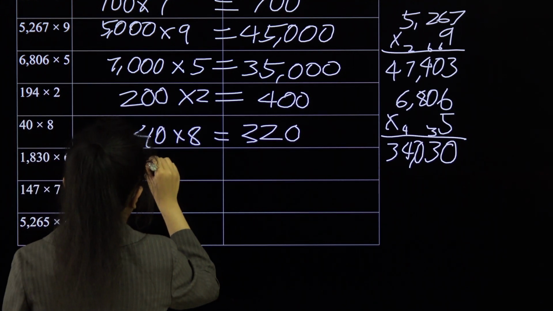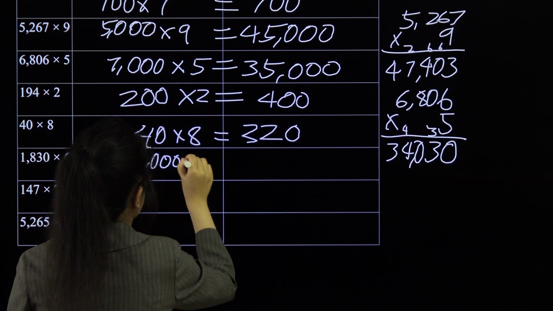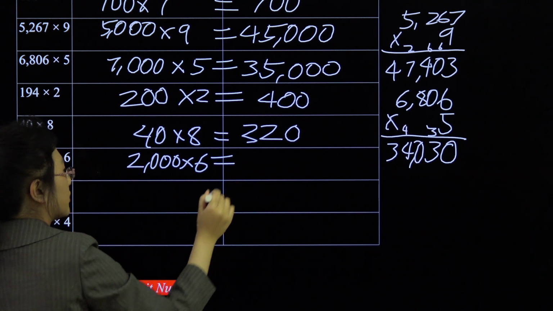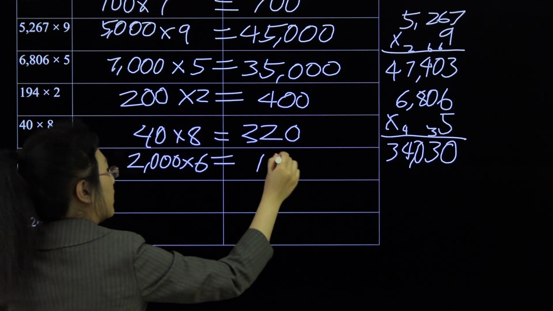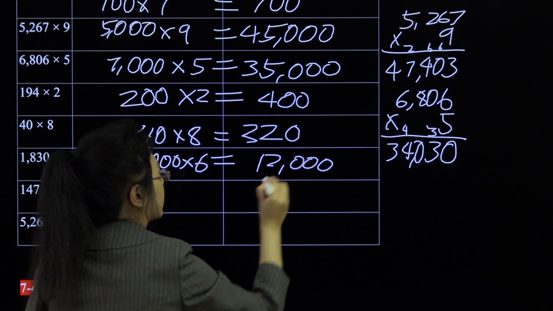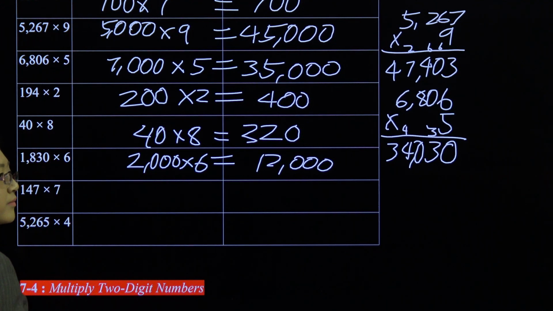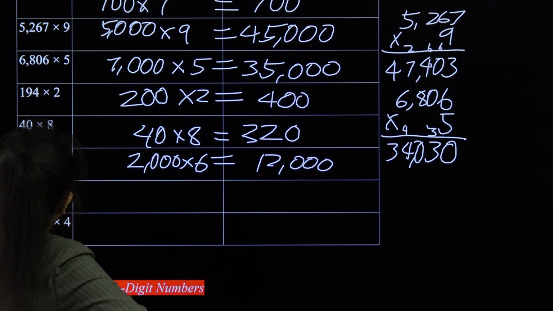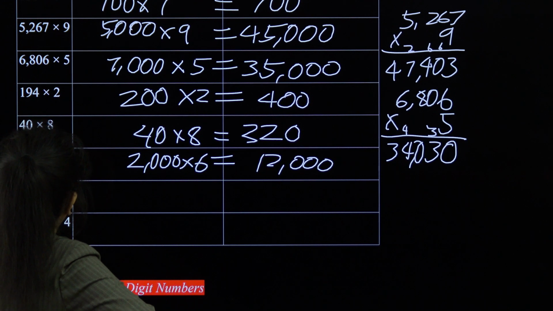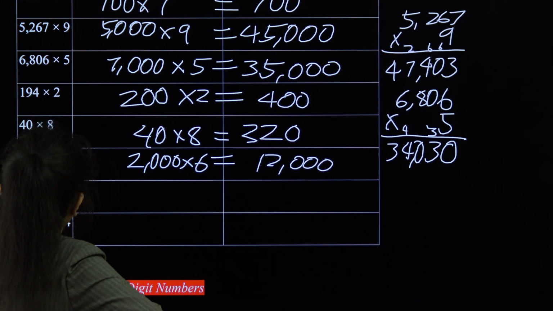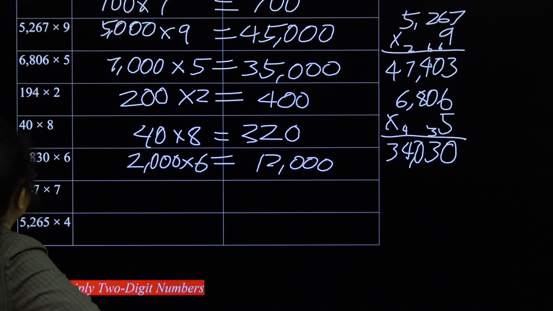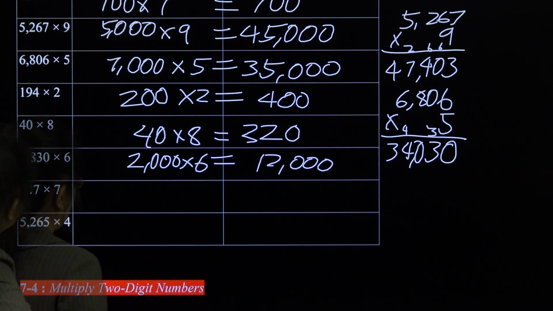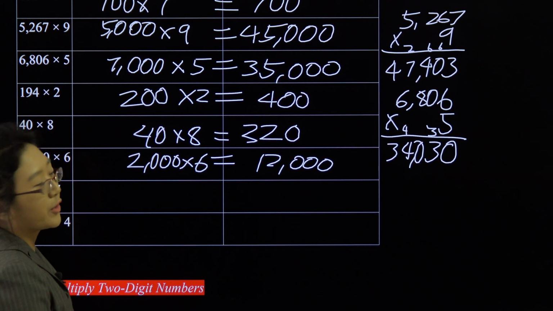You get 2,000 times 6 equals to 2 times 6, 12, and then you add the 3 zeros, 12,000. The actual answer is not that close, but not that far. It's 10,980 for your information.